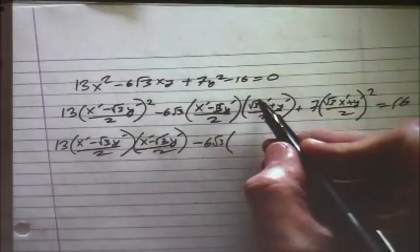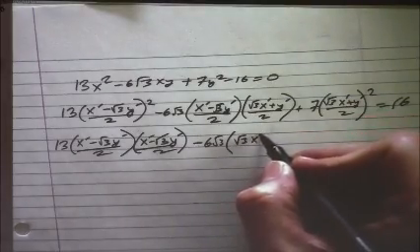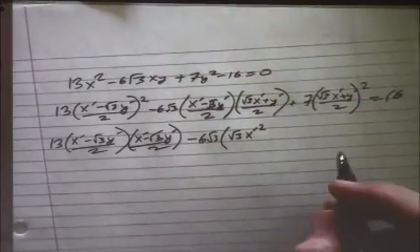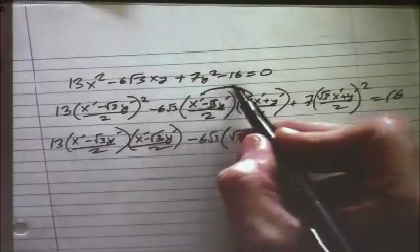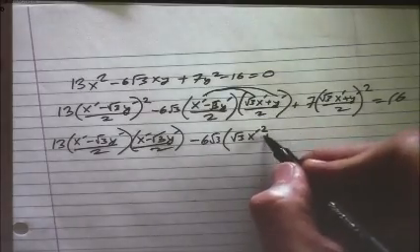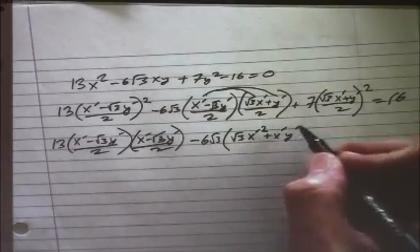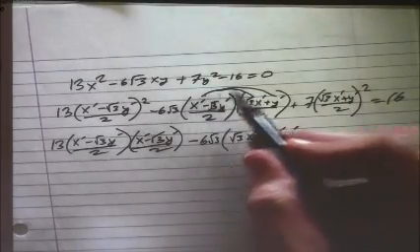This times this is the square root of 3 x prime squared. Oh, brother, I have to do that too. That times that. This times this, that's going to be plus and plus, so it's going to be plus x prime y prime. Okay, or is it minus? Let's see, is that times that?